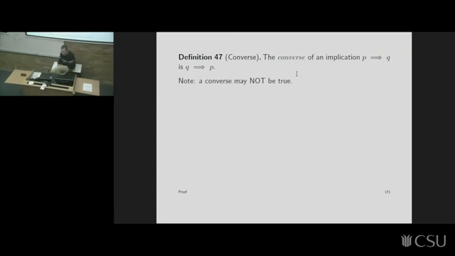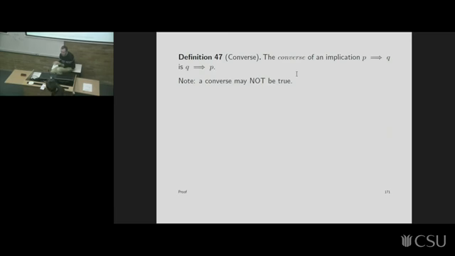So a normal implication is P implies Q, so the converse of that implication would be Q implies P. If we think about the little theorem 45 we had, it was that if you've got a rectangle, the diagonals are equal.